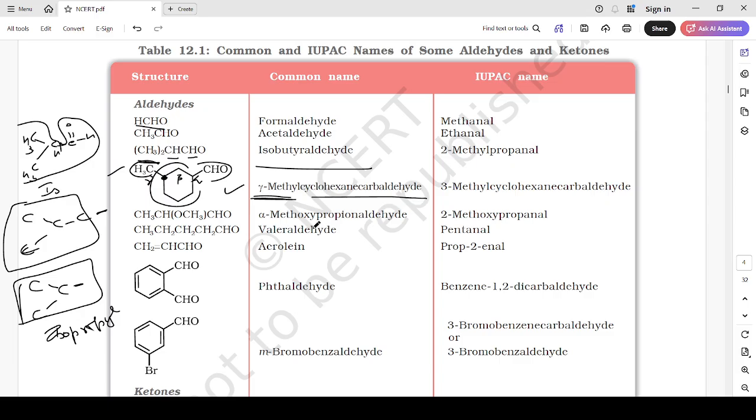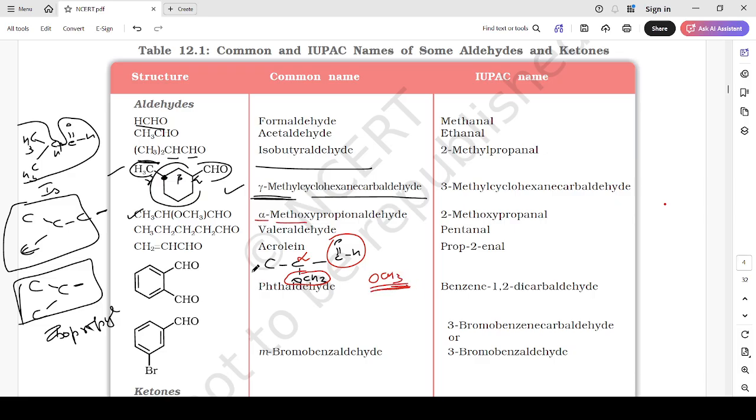Yes, ma'am. Let's go for the next one. CH3, CH, to this the OCH3 is there, and there is a CHO. Which is important? Obviously, aldehyde is important. To this aldehyde, this is the alpha carbon. What is present on the alpha carbon? Methoxy group, OCH3, an ether.